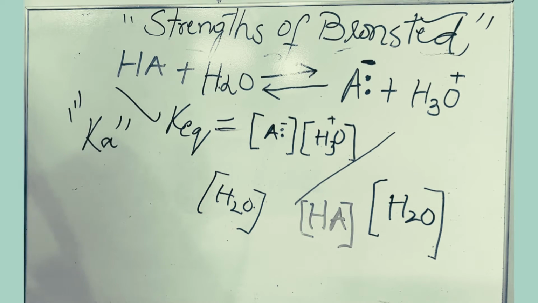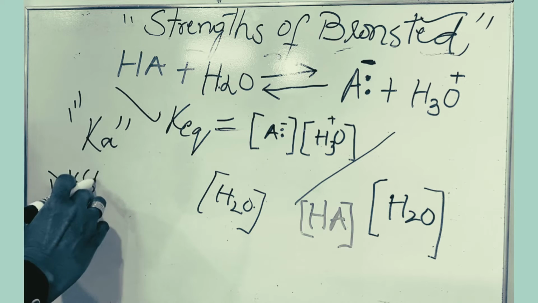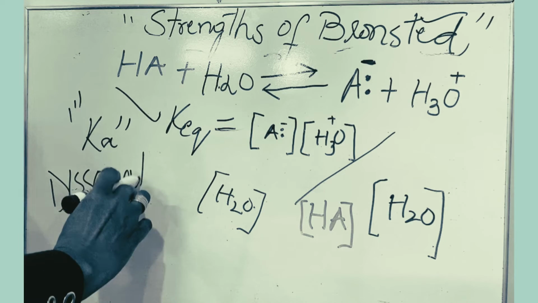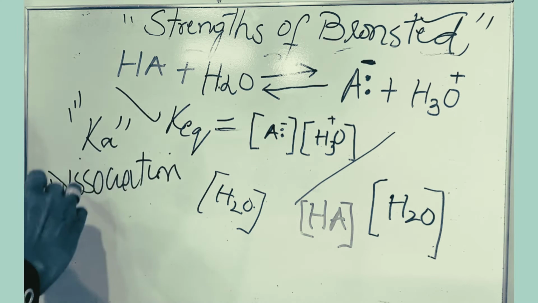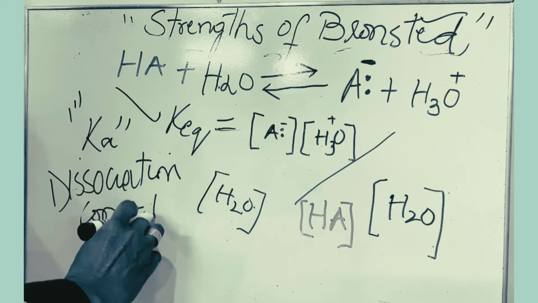What is this Ka? This is called the dissociation constant. So let's write the equation.